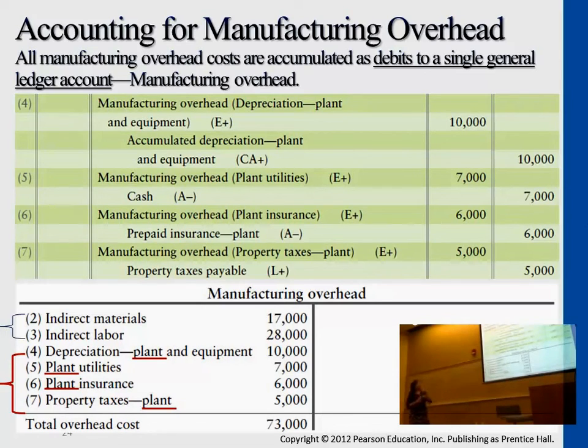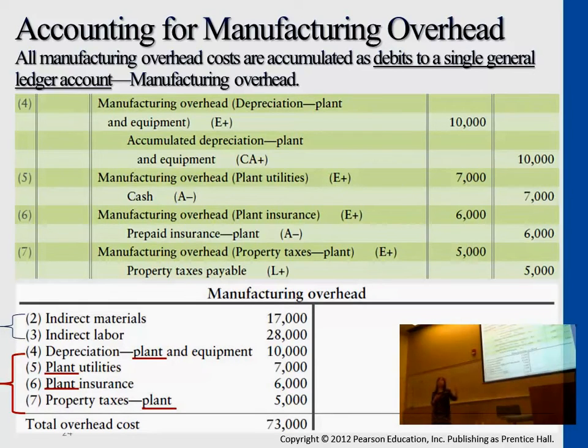Okay, so here are some examples. Depreciation, let's say $10,000. When we journalize this, we know how to journalize depreciation from financial accounting: accumulated depreciation, depreciation expense, and now we transfer it into manufacturing overhead. We also have utilities incurred, rental expenses, property taxes, or insurance expense.